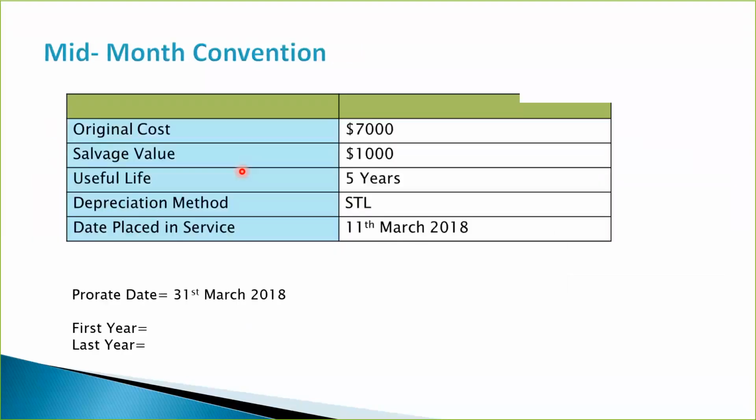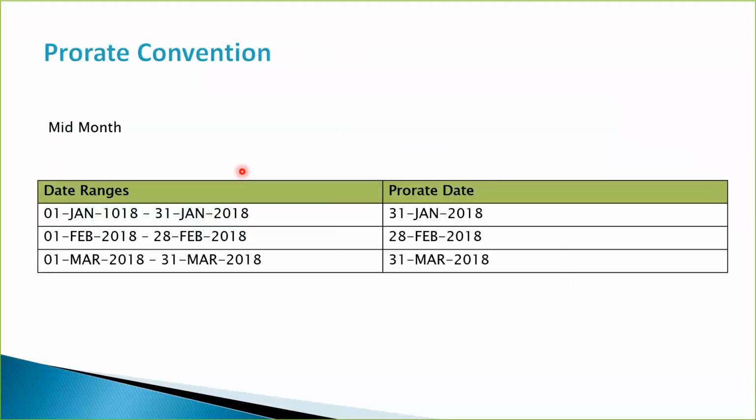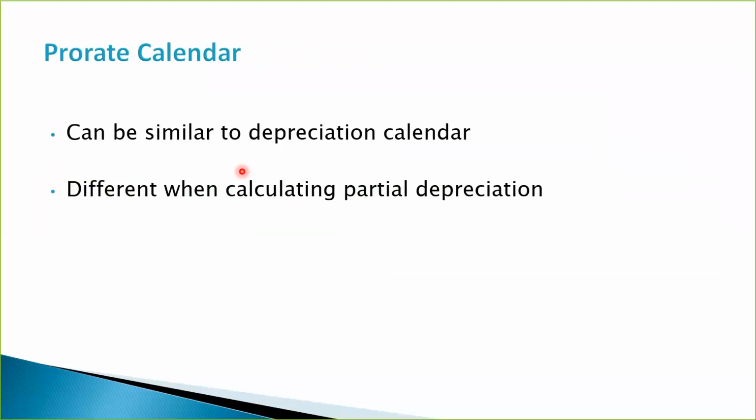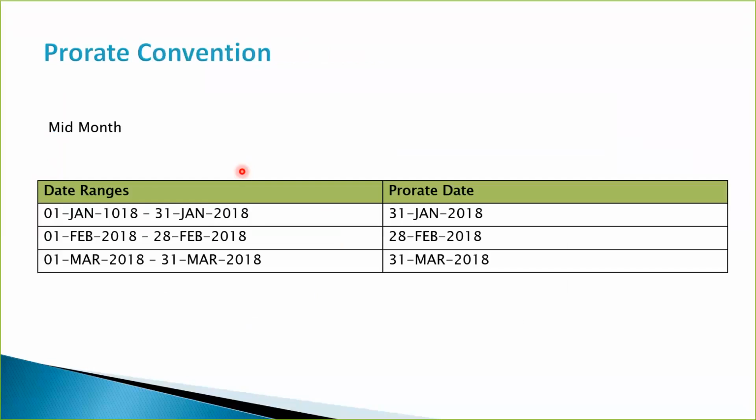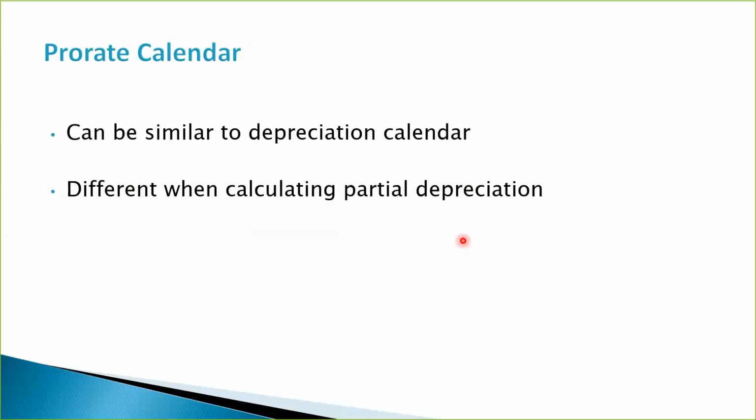And then we finally say that the prorate calendar is where the system checks the period within which the prorate date falls. Okay, and the prorate calendar can be the same as or different from the depreciation calendar, depending on how you want to calculate your depreciation for the first year of an asset's life.